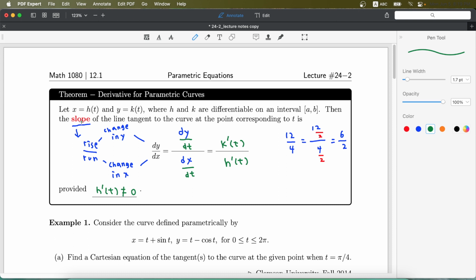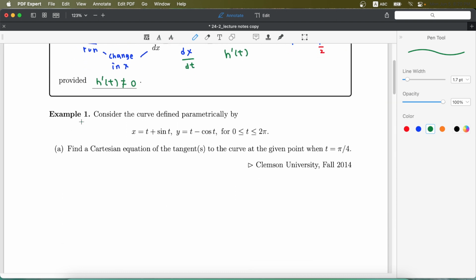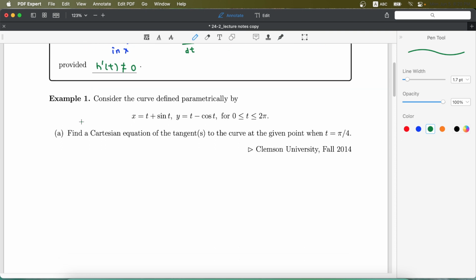Let's take a look at example 1. Consider the curve defined parametrically by x equals t plus sine t, y equals t minus cosine t, where t is between 0 and 2 pi.